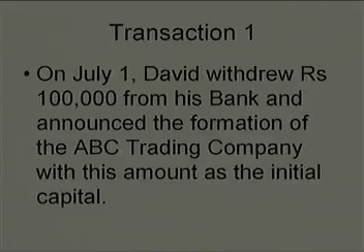He has named the company ABC Trading Company. So, as far as transaction 1 is concerned, this is over. What has been done? David has withdrawn rupees 100,000 from his own bank account and started this company using this money as the initial capital.